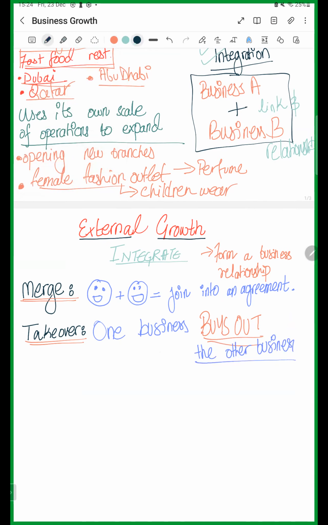They come and they buy more than 50% of the shares. There we go. That's the difference between a merger and takeover. Do you get it? Yes, miss.